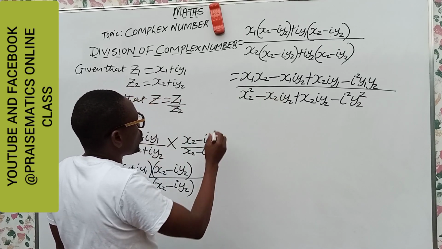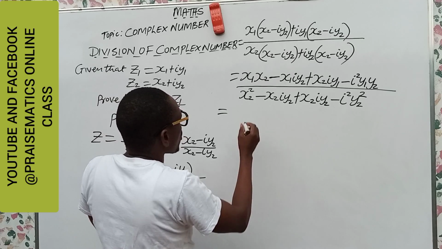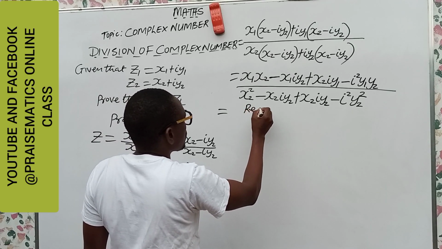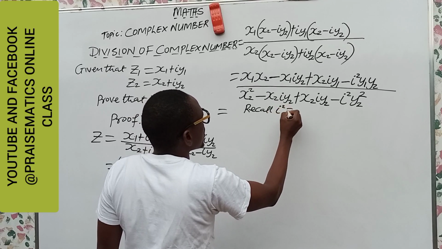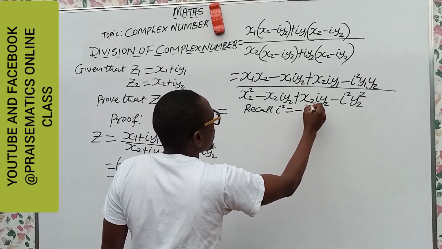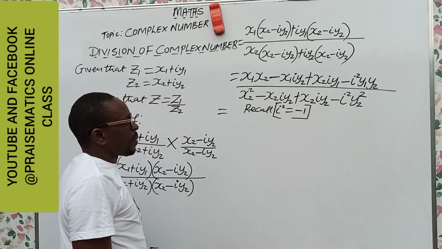Okay, what do we do? We collect like terms of the numerator. Always recall that i square is equal to minus 1. Very, very important in the concept of complex numbers. Remember that.